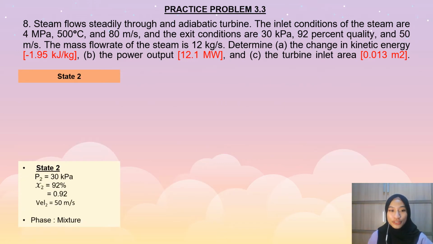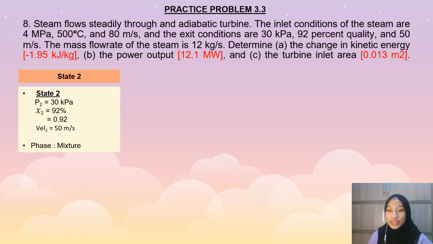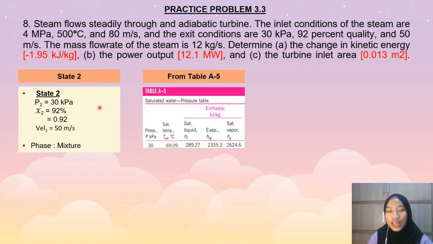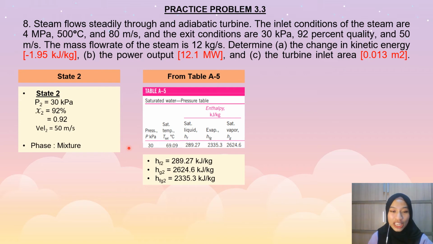Next, state 2. For state 2, we already know the phase is a mixture, because the question already gives us the value for quality, which is 92%. So to find the other data, we can use the saturated water table, which is table A5, to get the values of hf, hg, and hfg. For hf, we got 289.27 kJ per kg. For hg, we got 2624.6 kJ per kg.